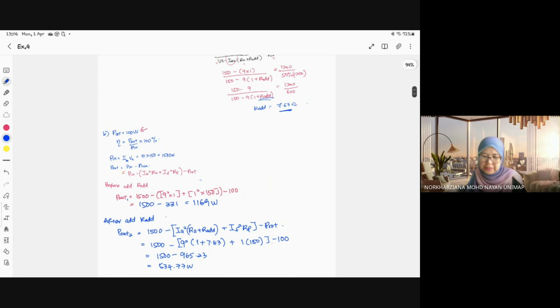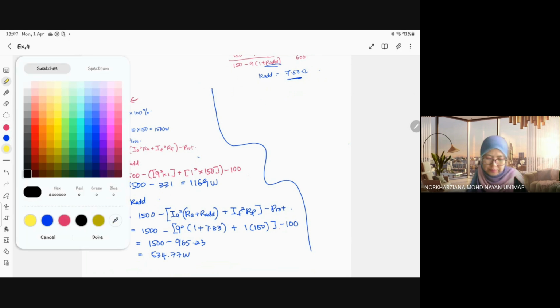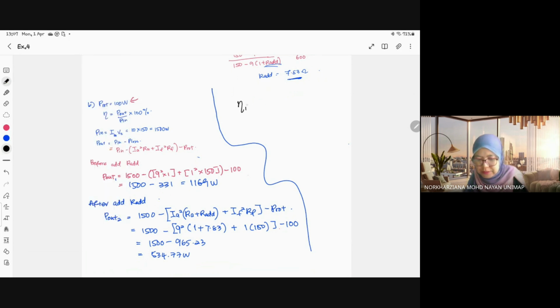The efficiency. Kita ada P out and P in. So the efficiency before is P out 1 over P in, and the efficiency after is P out 2 over P in.